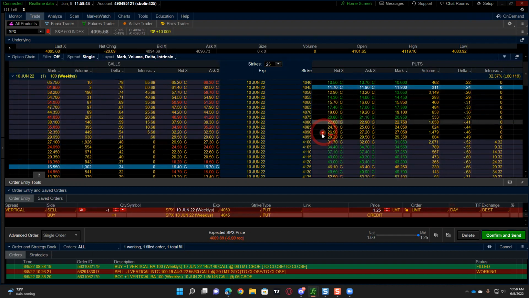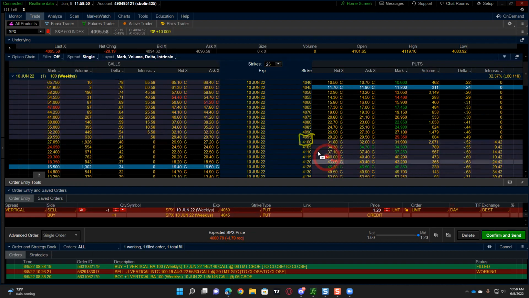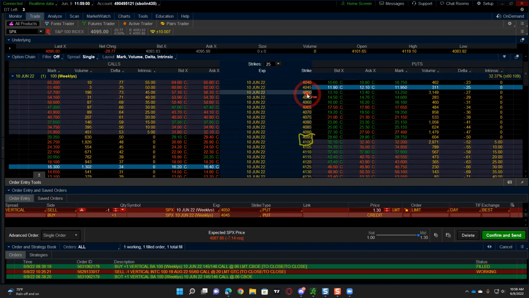Well, how far away from price am I? Price right now is at 4095, around 4,100, right around in there. So we're talking about 1, 2, 3, 4, 5, 6, 7, 8, 9, 10 strikes out of the money.